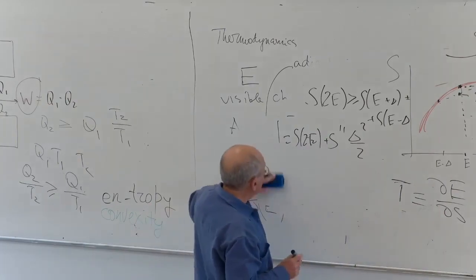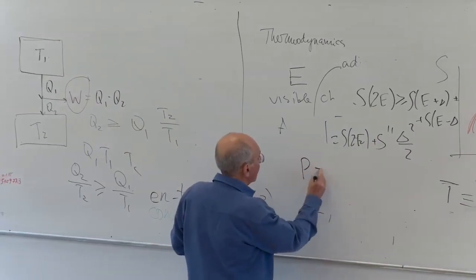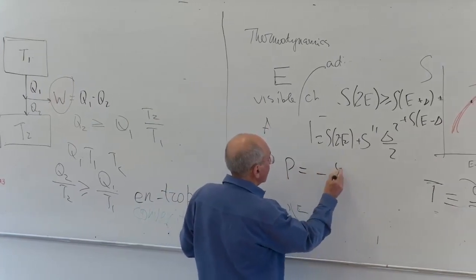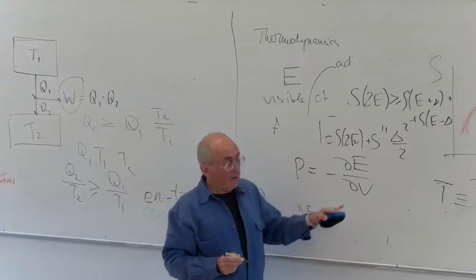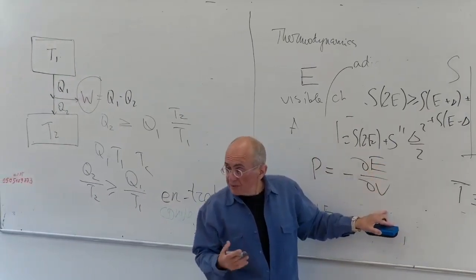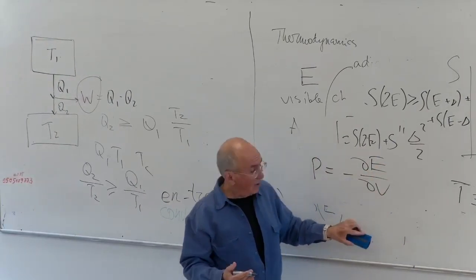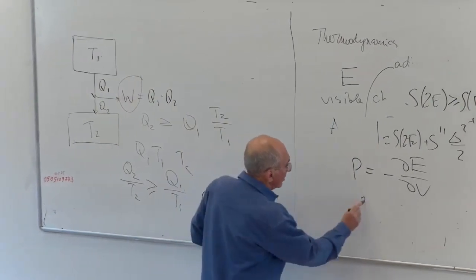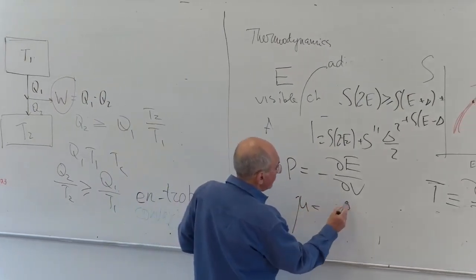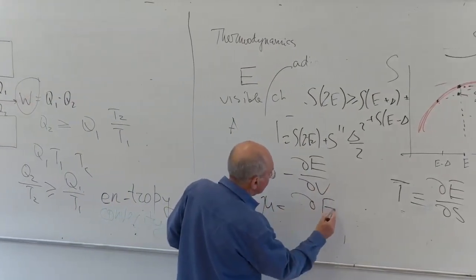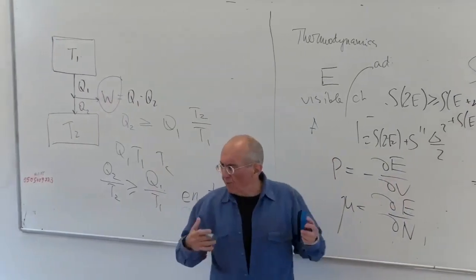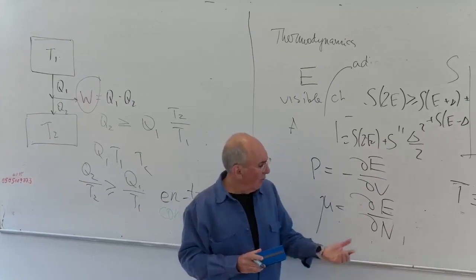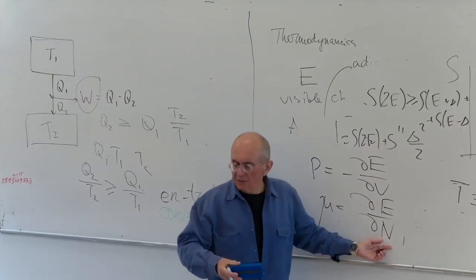In the same way, you also derive, for a reason which I always hate, with the sign of minus, the derivative of energy with respect to another extensive quantity, which is volume. And you also define chemical potential, now with a plus, with respect to the number of particles, or number of moles, or however you count matter in your system.